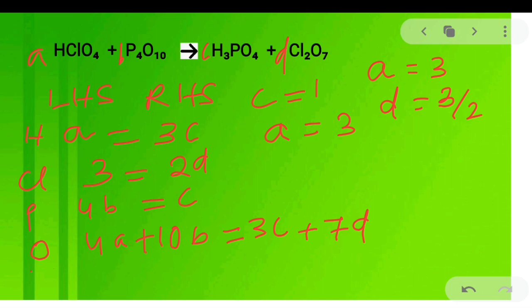So what is the value of B? If I put the value of C as 1 here, the value of B you will get is 1 by 4, and C is equal to 1. I think we have got all the values A, B, C, D.